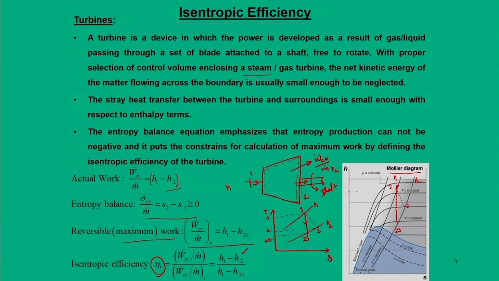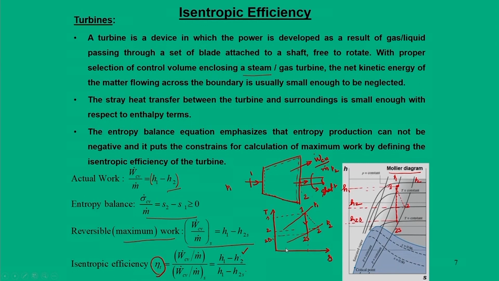So, here we can directly get the values of enthalpies from this Mollier diagram. You can say this value is H1, this value will be H2S, and this number will be H2. So, H1 minus H2 is the numerator term, and H1 minus H2S is the denominator term.